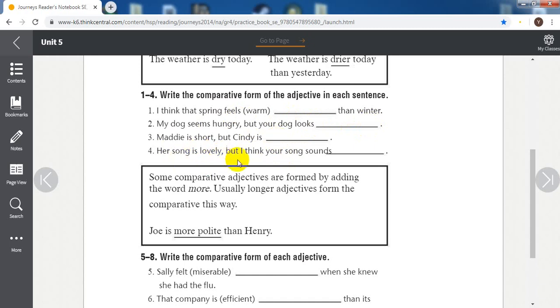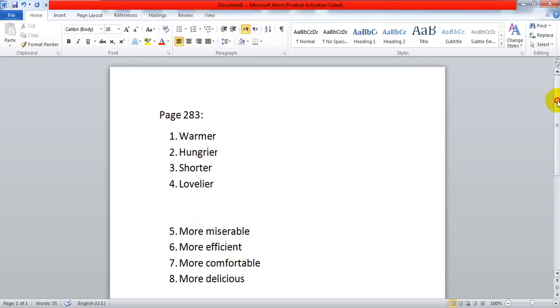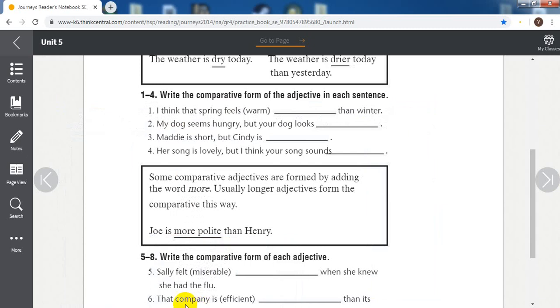Her song is lovely, but I think your song sounds, what do you guys think? Lovelier, right? Great job. Okay, so from 1 to 4, let's take a look at these answers and make sure that we got them all right. You said warmer, hungrier, shorter, and lovelier, right? Great job. Okay.